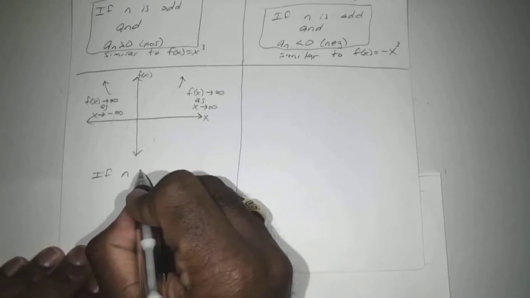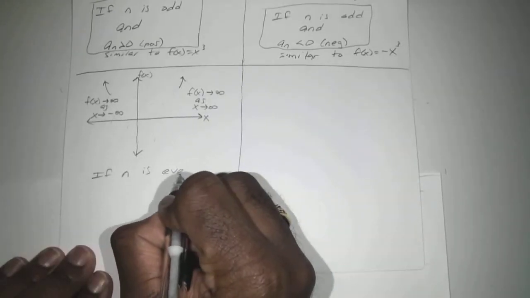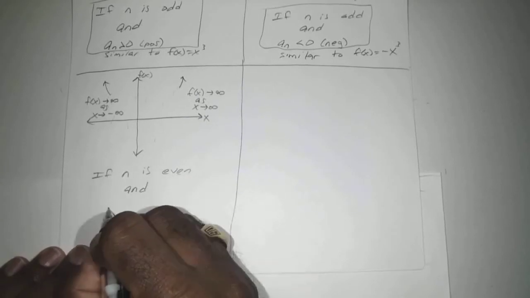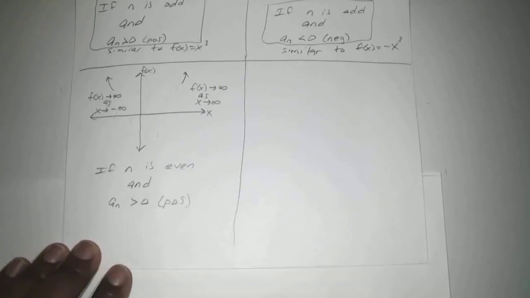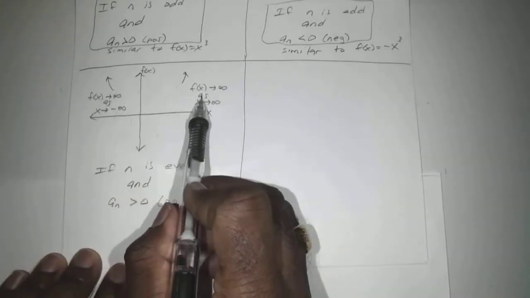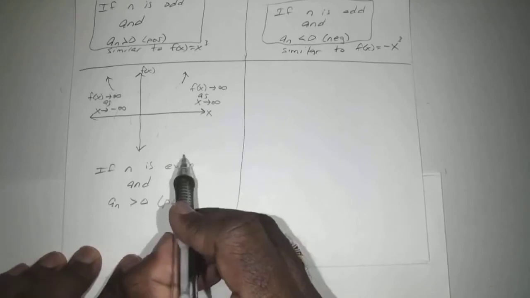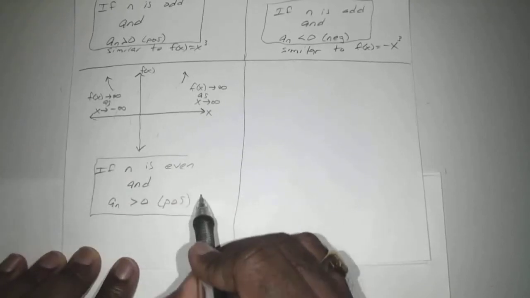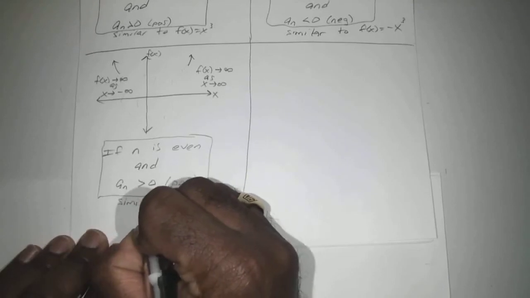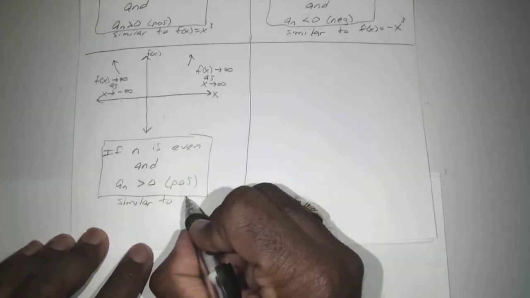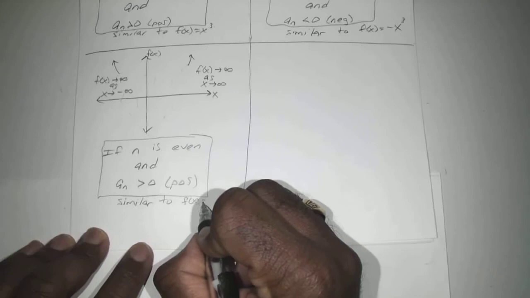If your exponent is even, and your lead coefficient is positive, that's when you'll have those two. Okay, so that's similar to f of x equals x squared.